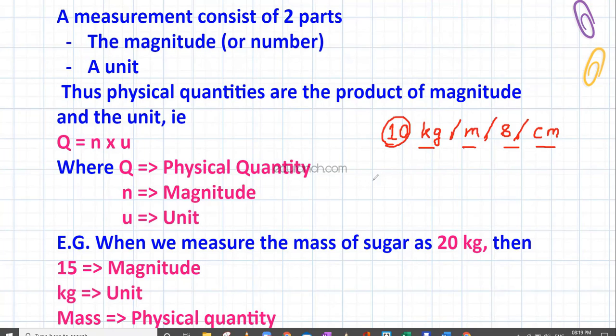So basically, when we write a measurement, it consists of two things: n times u, where n is the number and u is the unit. And this gives us a physical quantity Q. So this is our physical quantity Q, right?